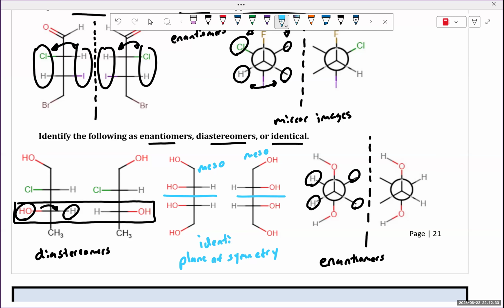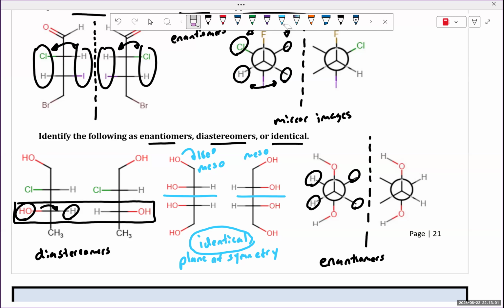These would be identical compounds. You can prove this to yourself by taking this structure and rotating it 180 degrees, and you would yield this structure. A pair of meso compounds that look like enantiomers are just two drawings of the same compound.